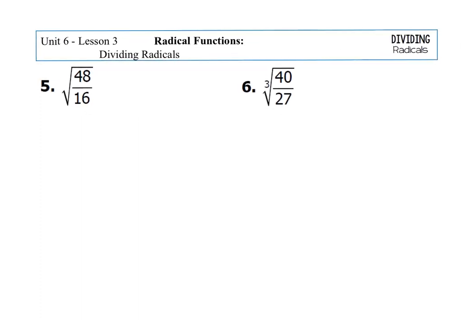And it does. 48 divided by 16, okay, is 3. So we have the square root of 3. Now 3 is our radicand. 3 is a prime number. We can't break down prime numbers. So that's one way to know that you're finished. If the number, that's the radicand, underneath the radical is prime. There's nothing else you can do. We can't change our prime numbers.